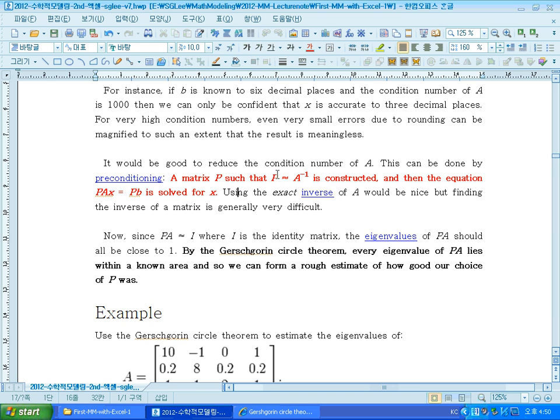Okay, if P is an approximation to A inverse, then when you multiply P and A, it is almost the same as the identity.